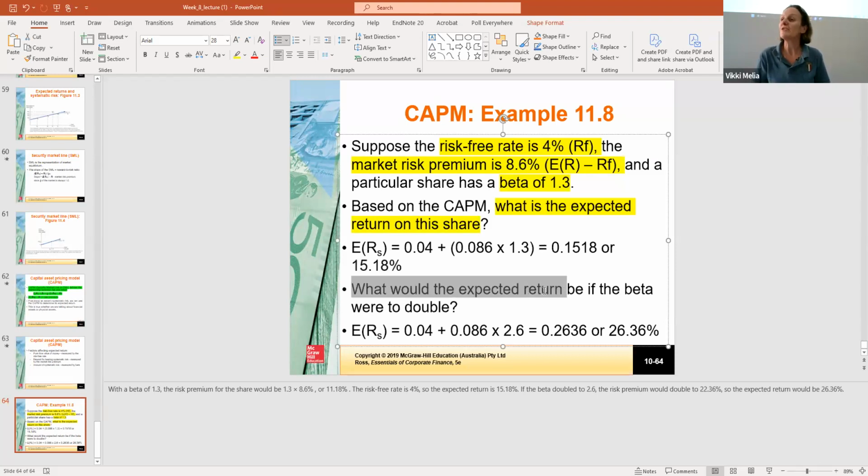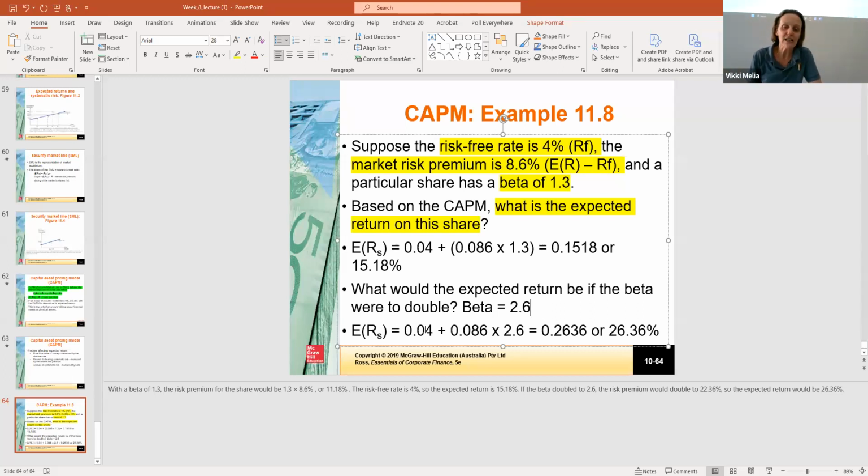What would the expected return from the share be if beta doubled? So if beta doubled, then beta becomes 2.6 instead of 1.3. If beta's higher, that tells us more systematic risk. So before we even do the calculation, more risk equals more return. We expect the answer to be higher.